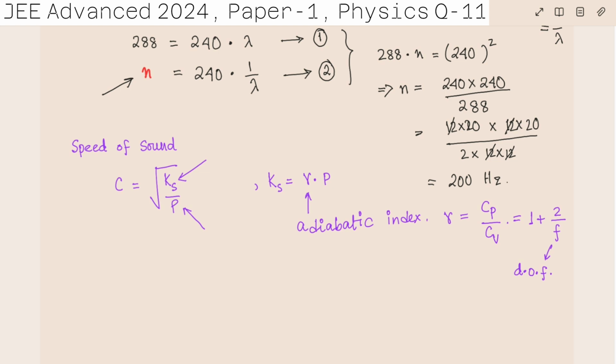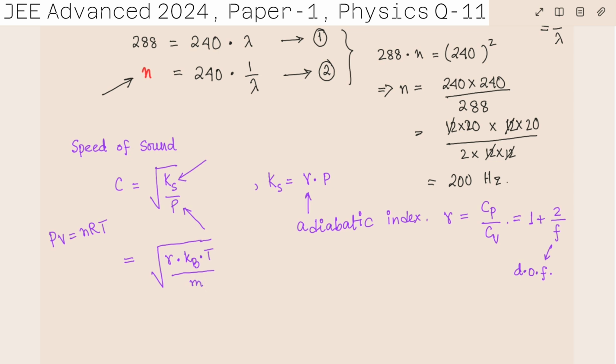Now to further simplify this relation, it is written as the square root of, just plugging in this value of ks as gamma times p and using for the ideal case that pV is equal to nRT, where R is the molar gas constant, and for further simplification that would be gamma times kB times T divided by m, small m.